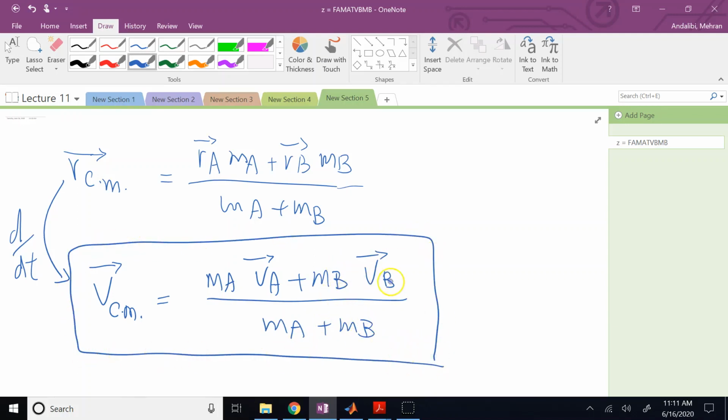But now the numerator is constant when external forces don't exist, and the denominator is constant. So this whole thing has to be constant. It says that if there is no external force, the velocity of the centroid does not change, it stays constant.